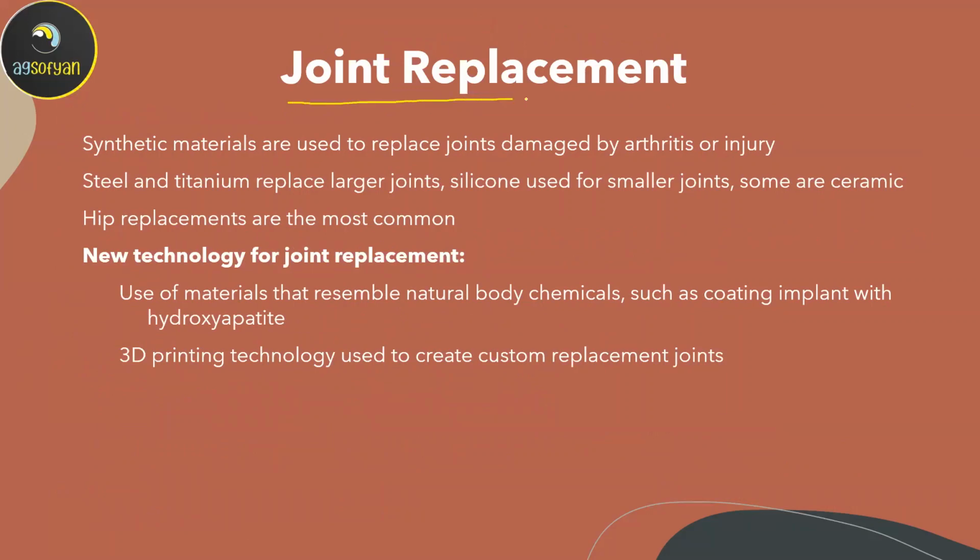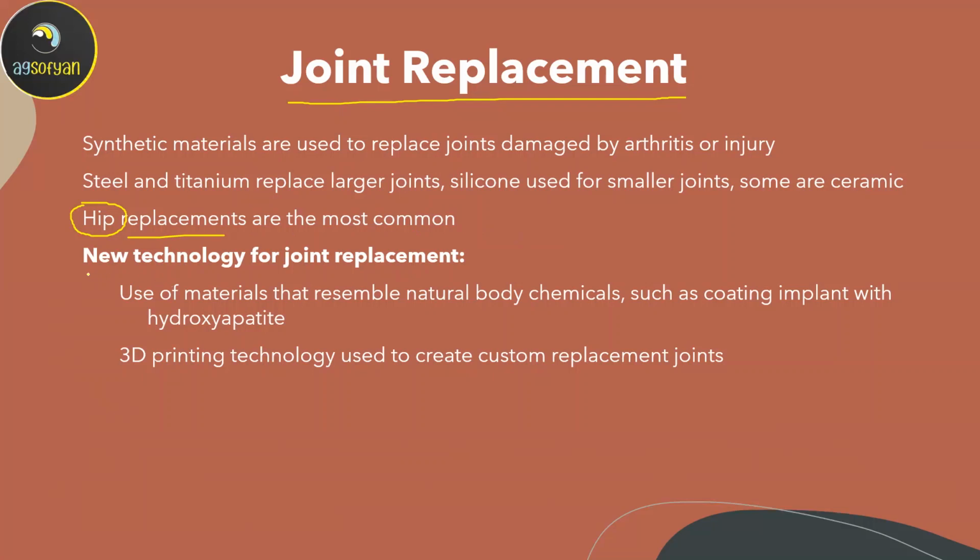There is a process called joint replacement, to replace the broken joint. The hip area is the most common place for replacement, so hip replacement, and sometimes the knee joint, there is knee joint replacement.